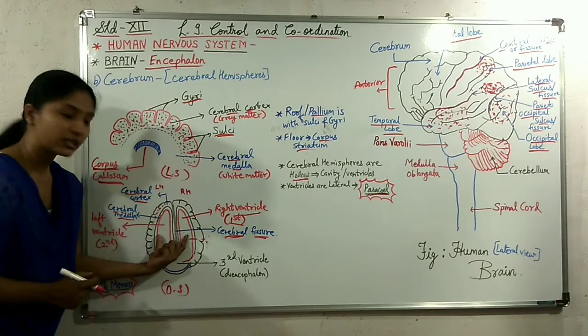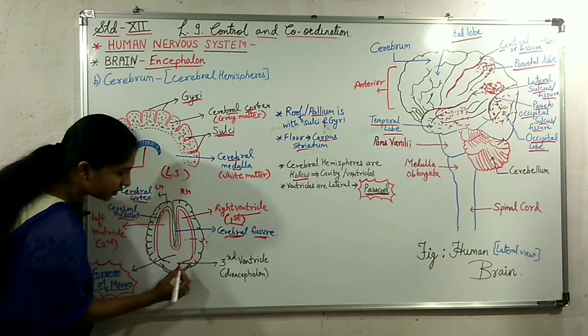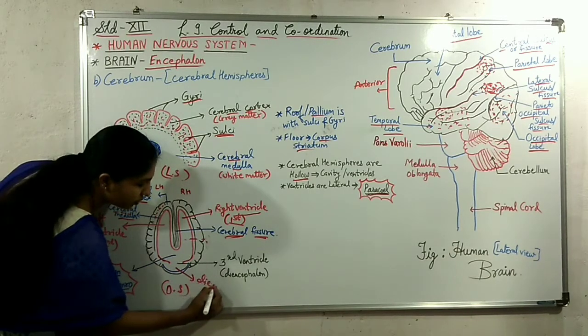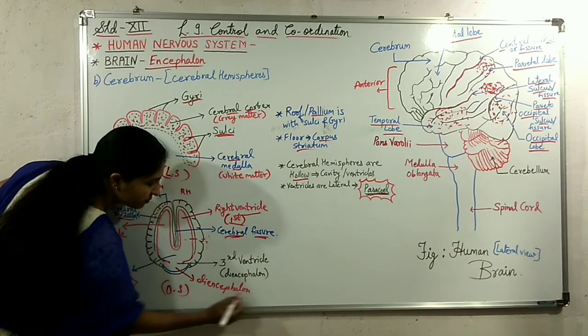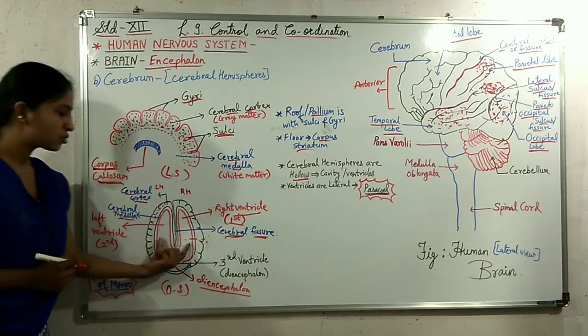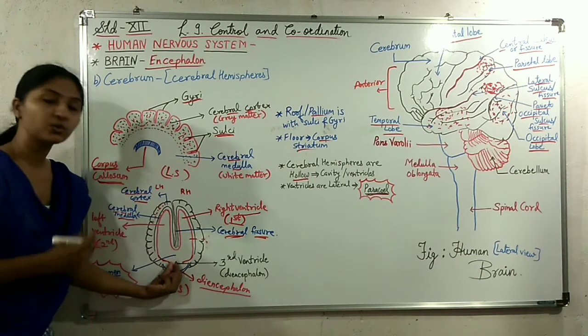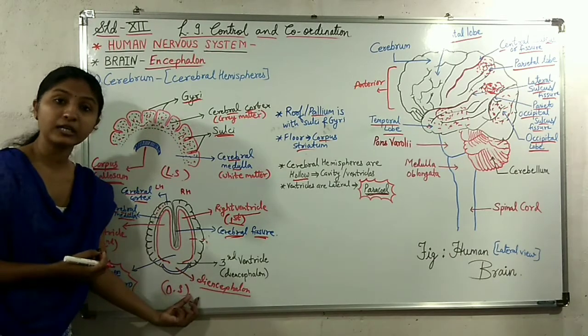These two ventricles join here in the diencephalon. This is the diencephalon part of the brain. So, these two ventricles or these two cavities join together into a third cavity, the third ventricle, which is present in the diencephalon.